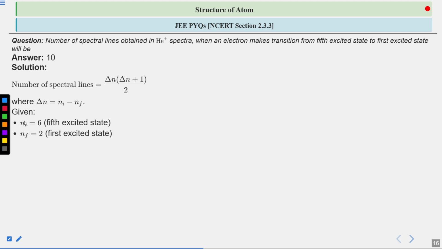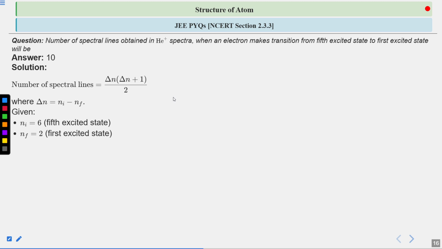So we are given that the initial is the fifth excited state. That is Ni equals 6, because now you have to understand this: Ni equals 6, but we are calling it the fifth excited state.